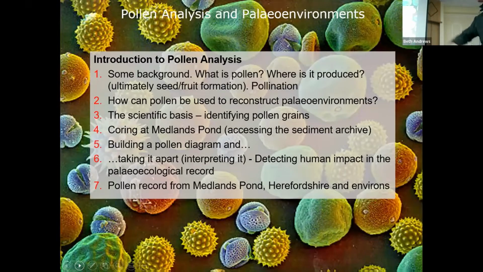The scientific basis is that plants produce different pollen grains. We identify the pollen grains and we can link them to the vegetation that produced them through time. We'll talk about building a pollen diagram and then taking it apart, or interpreting it.